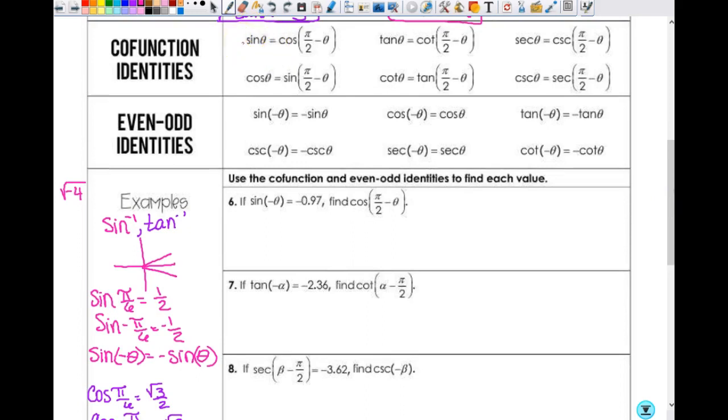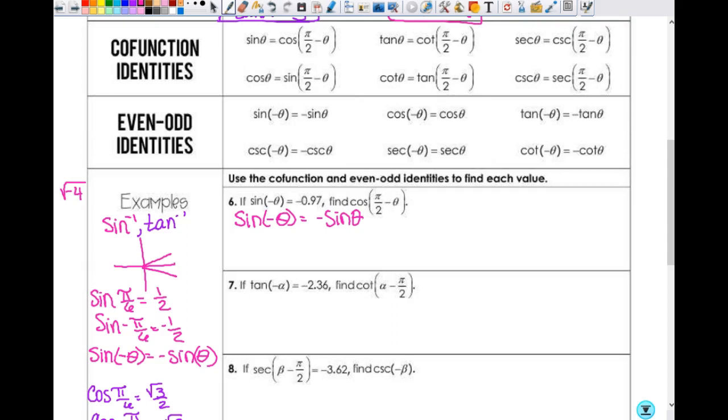So I need to figure out what sine of theta is. I'm starting here. Sine of negative theta equals negative 0.97. Well, from here, I know that sine of negative theta is equal to negative sine theta. I got that straight from my little reference sheet. You with me?